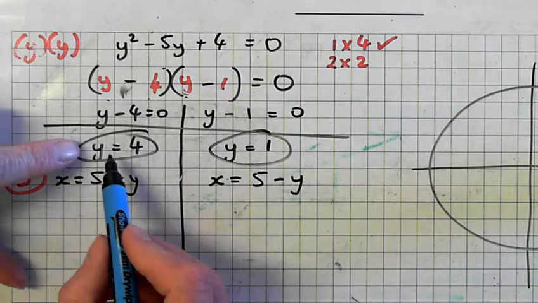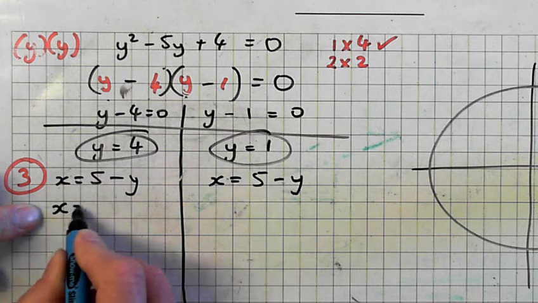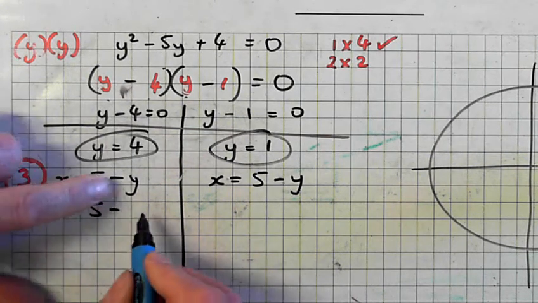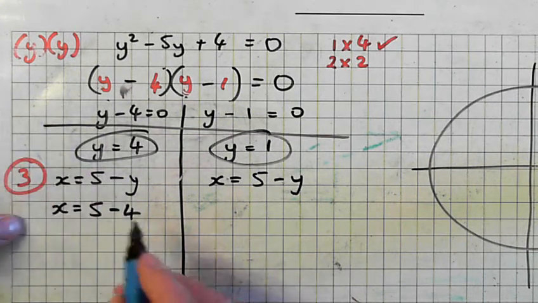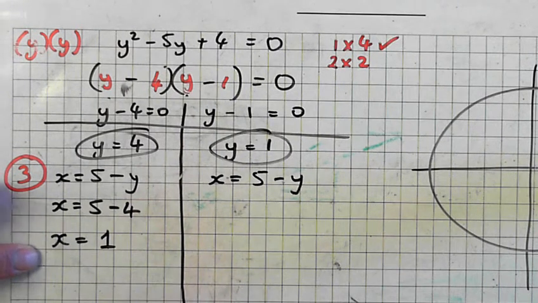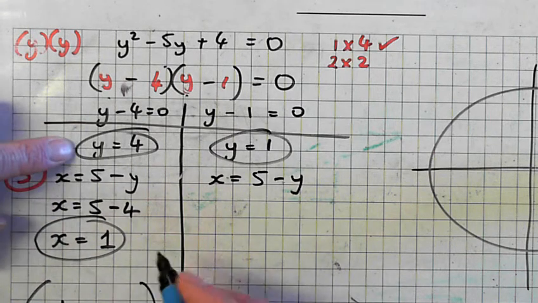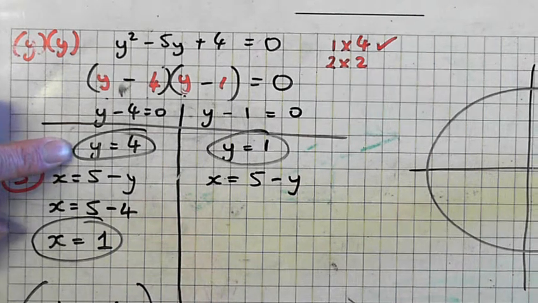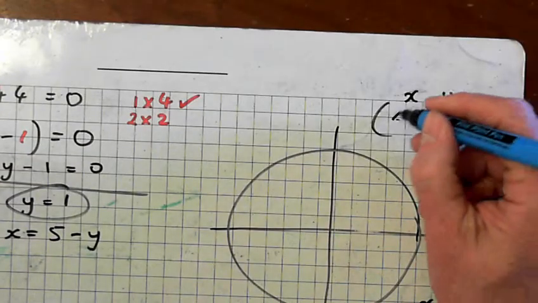Now, on the left hand side, y is equal to 4. 5 minus y is 4. 5 minus 4 is 1. X is equal to 1. So you got x and y. X is 1. Y is 4. So over here, 1, 4 is a point.